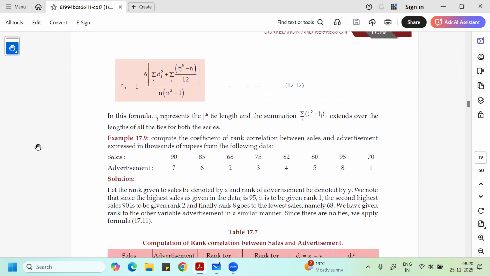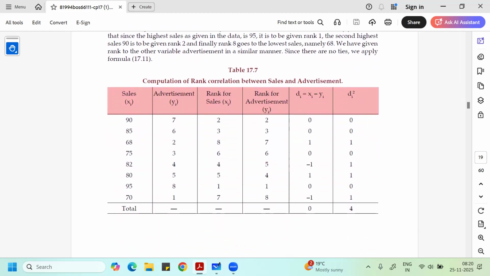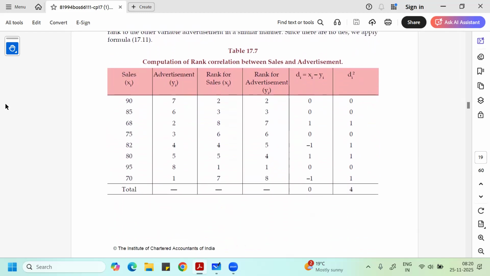Fine. So here they've given sales and advertisement, and they're asking us to compute the coefficient of rank correlation. Whatever data is given, we give it ranks. We have given ranks here for sales. The highest value is given rank one. Highest is 95, so 95 is rank one.